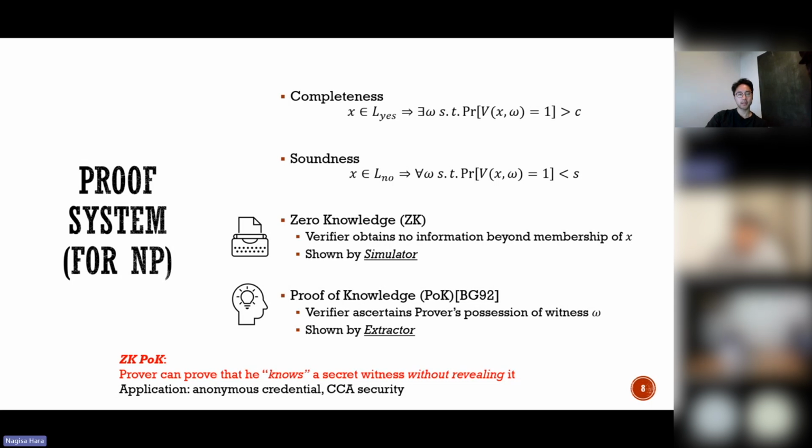So as you can see, this property is very helpful when you consider applications such as anonymous credentials, or even theoretical applications like the CCA security problem. So in this sense, the proof of knowledge is kind of a fourth property of proof systems.